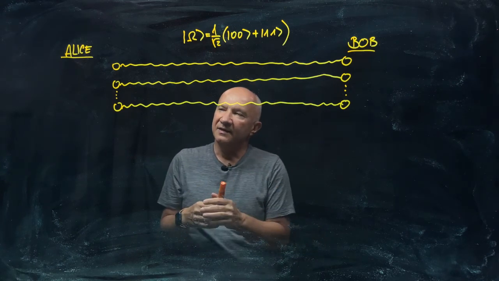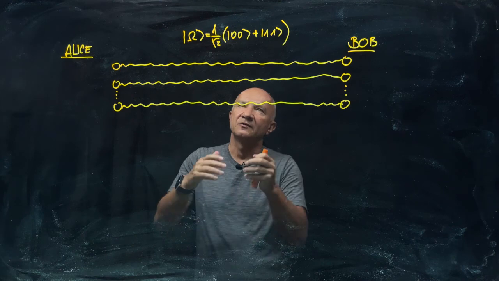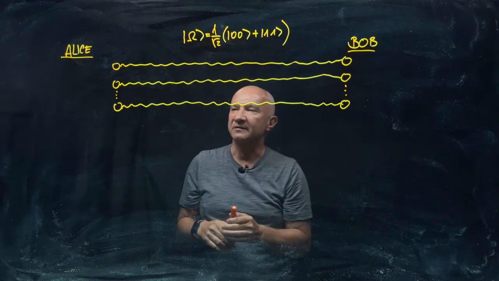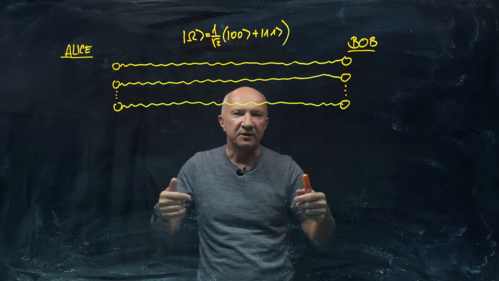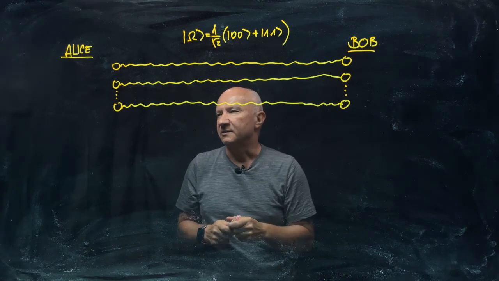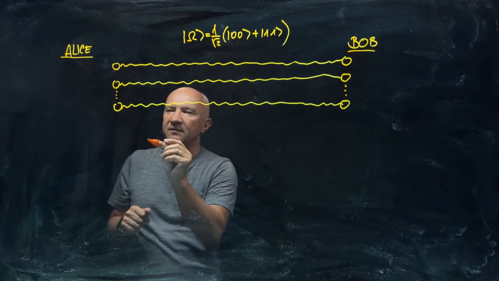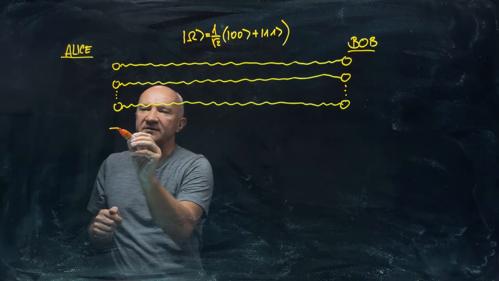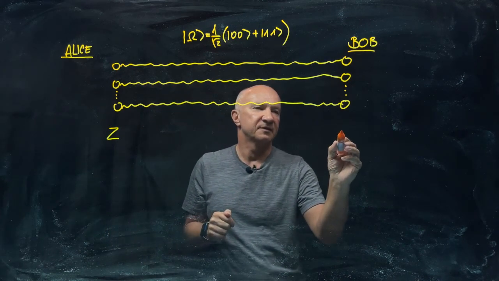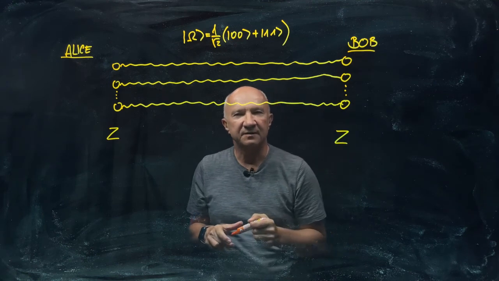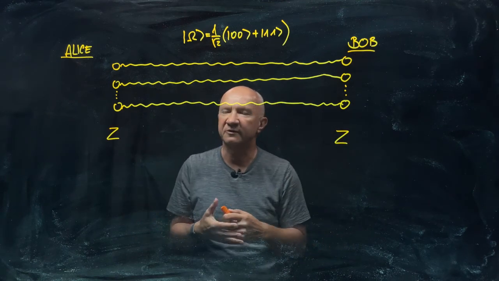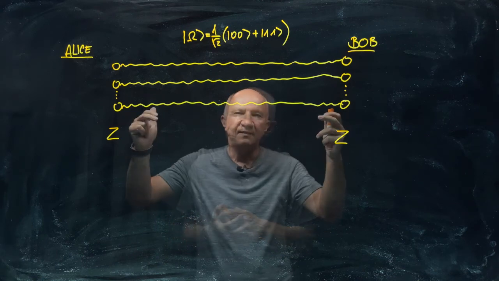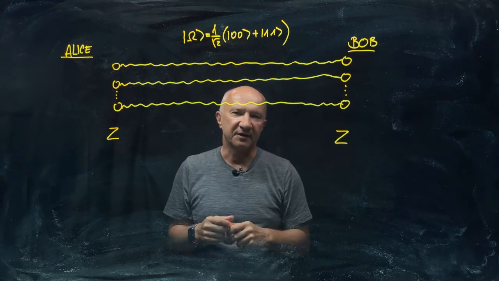Due to this entanglement, if Alice and Bob perform measurements in the computational basis, which is essentially the Z basis, so they measure the sigma Z operator, that is the observable they are going to measure, then the outcomes will be perfectly correlated.